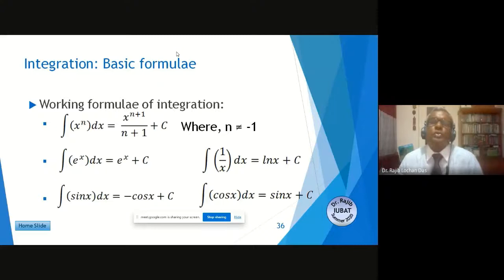So you should now be able to differentiate any problem, because all the formulas are already covered. But for integration, it is not possible to learn all the formulas or all the techniques in this course.